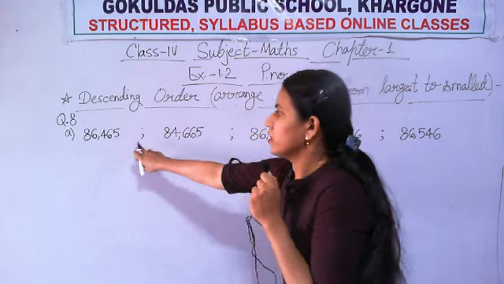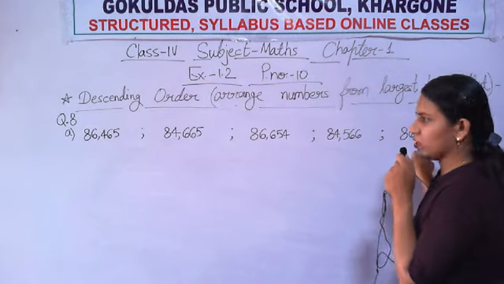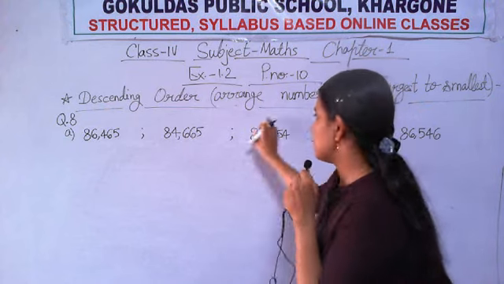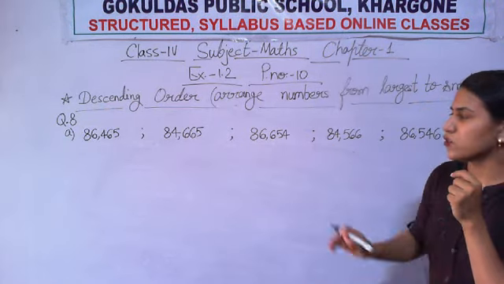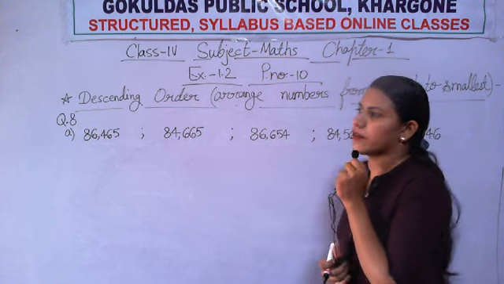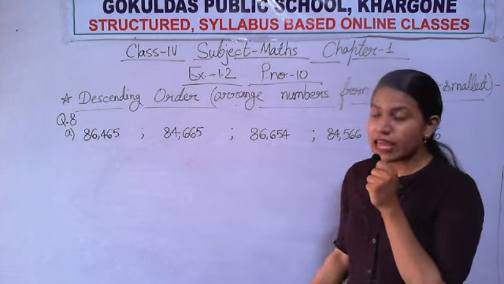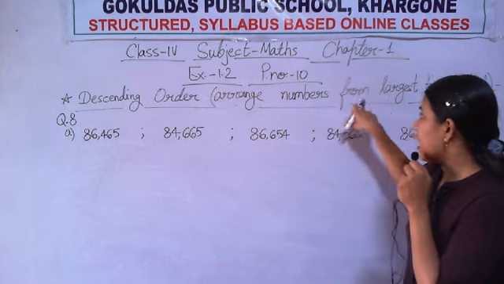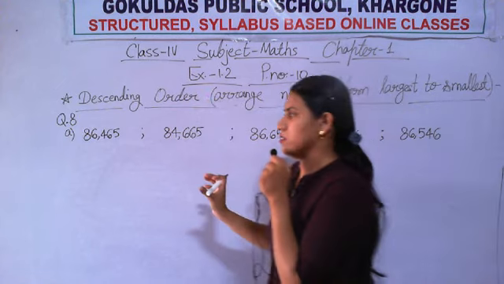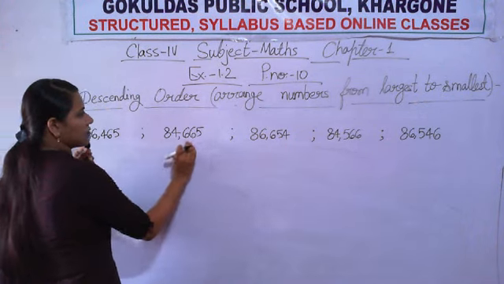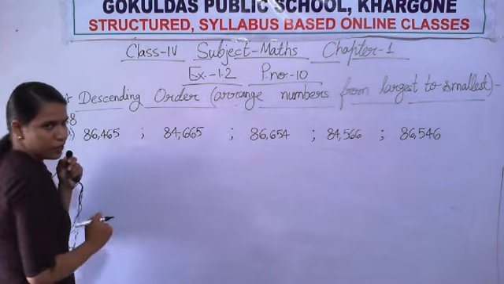For arranging these numbers, you have to find out which one is the largest number, as in a descending order the largest number comes at first. So find out which one is the largest number among these 5.